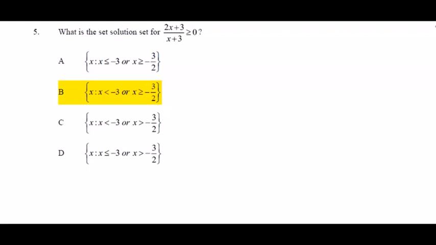So now it's a question of solving the rational inequality. We already have a standard form, which is p(x) over q(x) greater or equal to 0. We can now start to use either a number line or a table of signs to solve this inequality. Here we have (2x + 3)/(x + 3) ≥ 0.